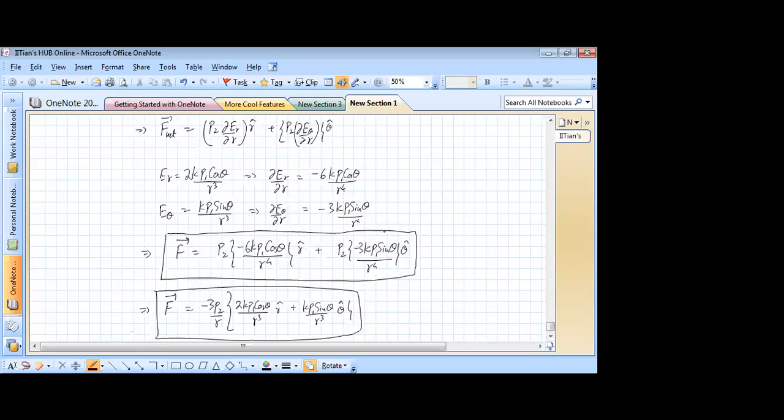Theta will be 0, so this sine theta term will become 0, this cos theta term will be the axial point on one dipole. You place another dipole coaxially with it, so that becomes the easier one-dimensional version. So you get that P1 P2 upon x to the power 4 type of term. This term will not be there. Cos theta will be 1 and r will be x.